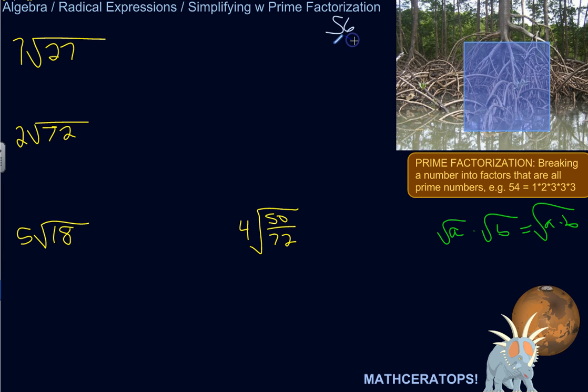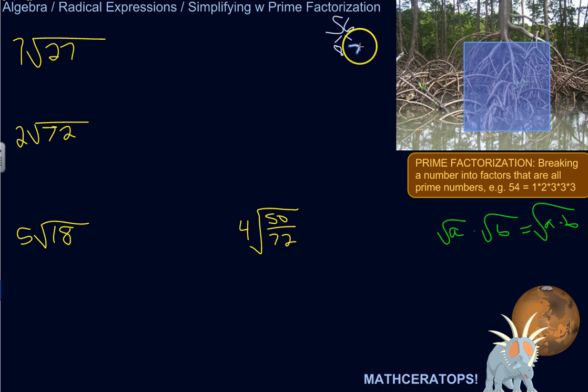So I could do a little factor tree, and it doesn't really matter. 56, I could look at as 8 times 7 and go from there, or I could do 2 times 28 and go from there. I'll end up with the same prime numbers at the end. So I'll do it both ways. Do 8 times 7. 7 is a prime number.